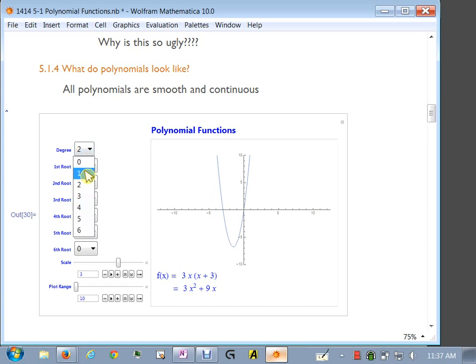Is a line smooth? Are you happy with a line being smooth? I mean, it's just a straight line, right? Like if you rub your hand on it, it's smooth. If it's a parabola, it's still smooth, right? Now imagine trying to rub your hand across something like the absolute value function.